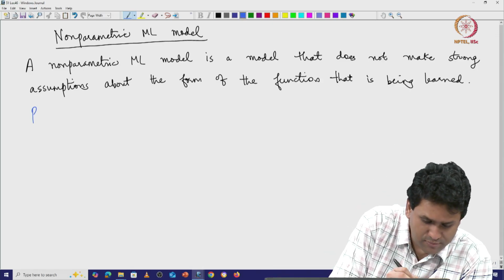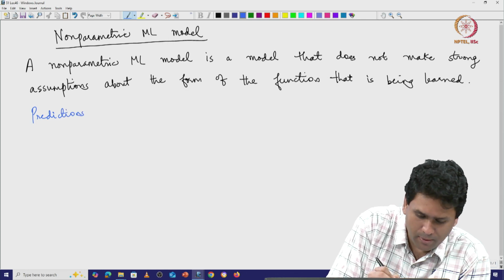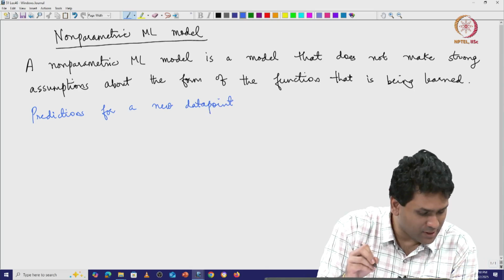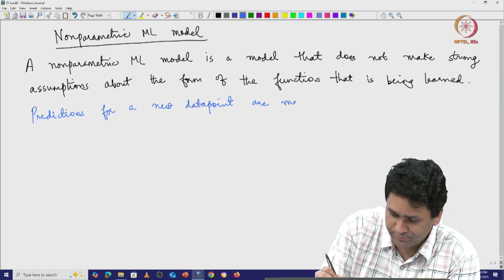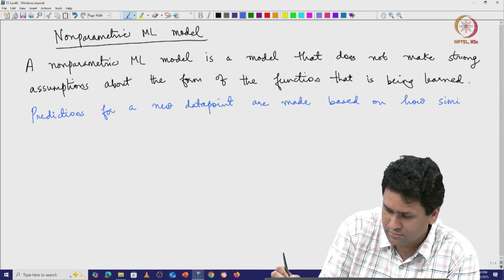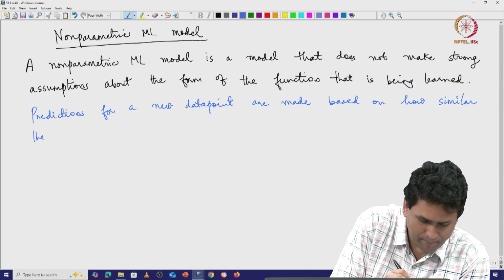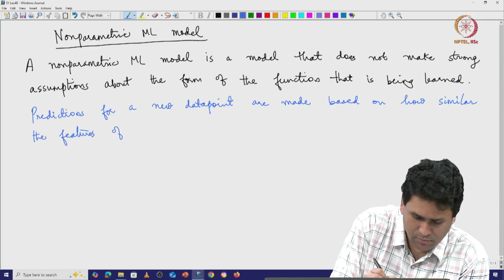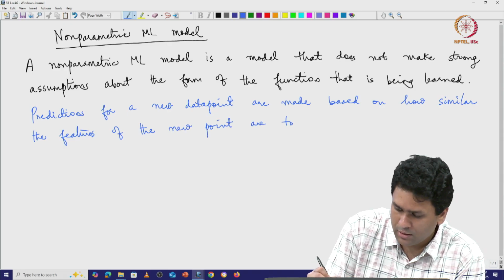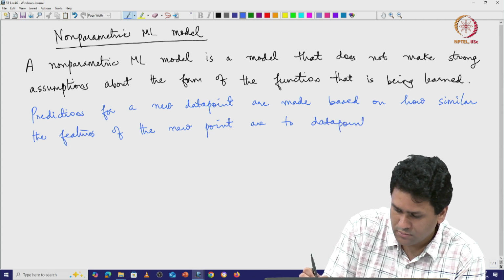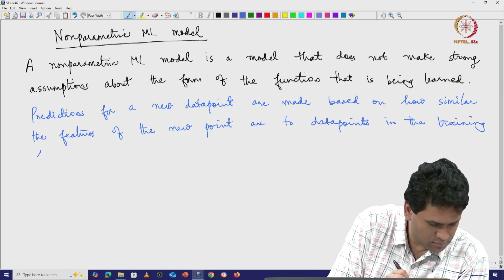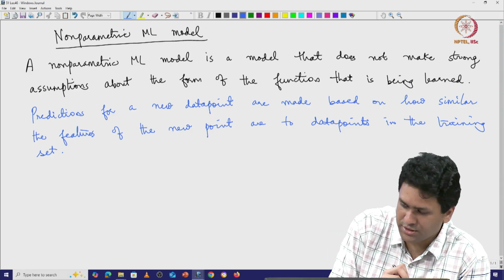Predictions for a new data point are typically made based on how similar the features of the new point are to data points in the training set, in the space of features.